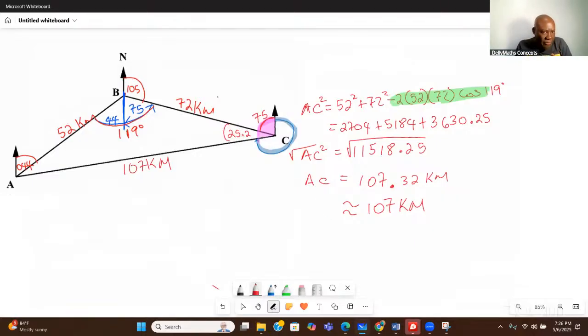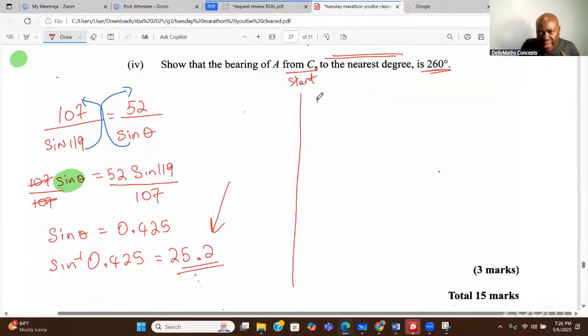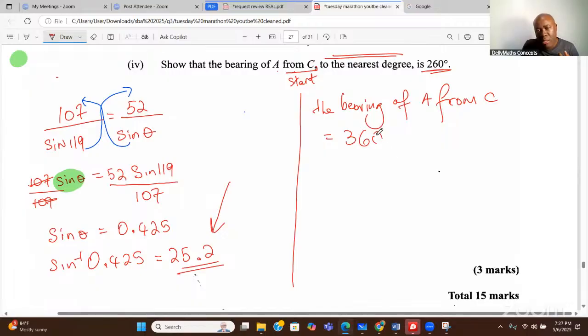Now this is what I'm saying. If I add that 25.2 with the 75, take it from 360, we get the part which is the bearing. So I'm going to write that the bearing of A from C is going to equal 360 subtract 75 plus 25.2.